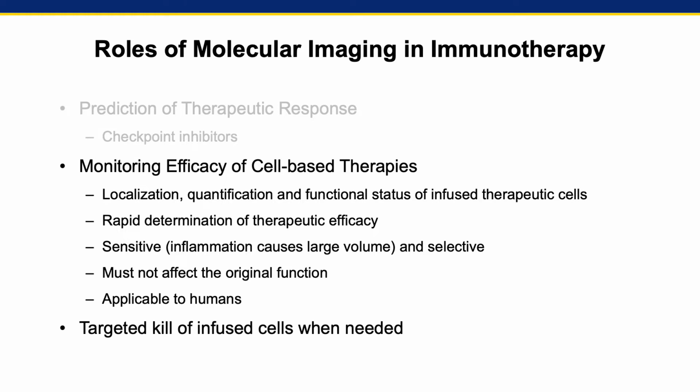These imaging techniques will have to be very sensitive and selective, and the engineering we do should not affect the original function of the cells. Also, it will have to be applicable to humans. In addition, if our engineering can be equipped with a cell killing mechanism when the infused cells cause severe toxicity, it'll be very helpful as well.